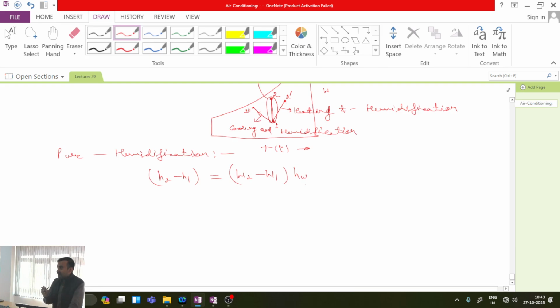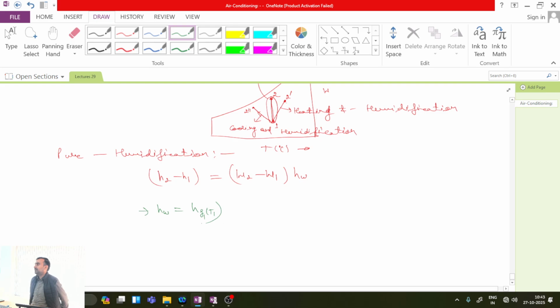The condition I gave you is that for a pure humidification process, HW has to be equal to Hg at T1. Is this one clear? Now what will happen in this scenario? Let us write H2 and H1.